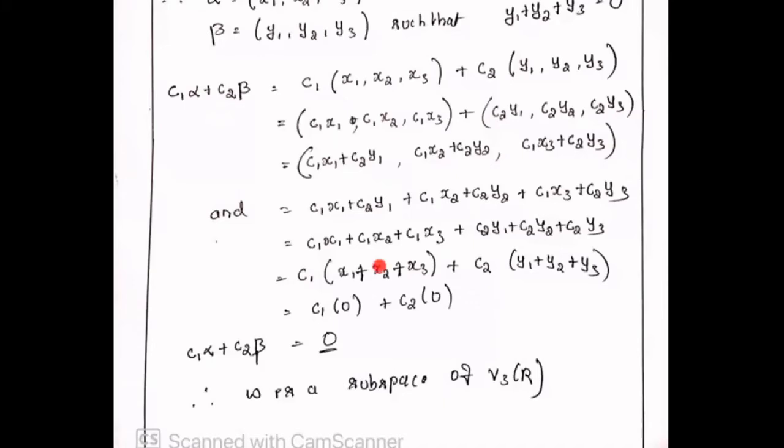But you know that x1 plus x2 plus x3 is 0, from the definition of alpha. And similarly, y1 plus y2 plus y3 is 0 for beta. So substitute 0 here. Then constant into 0 is 0. So the overall answer will be 0. So when we added all the components, the result we got was 0. That means this belongs to W, so W is a subspace of V3(R), right?